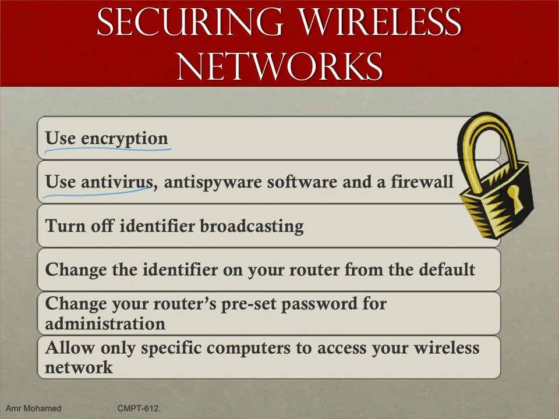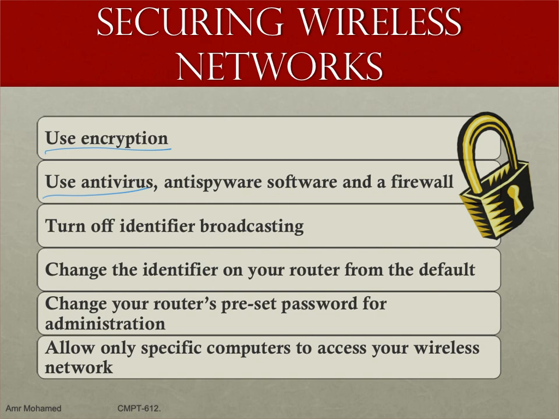Also, some of these routers come with a default admin. The wireless router comes in many cases preset with a password: user ID admin, password admin. If you leave it without any changes, chances are anyone can get to your wireless router easily and can change the configuration, because again, it's a wireless router, so you can connect to it.